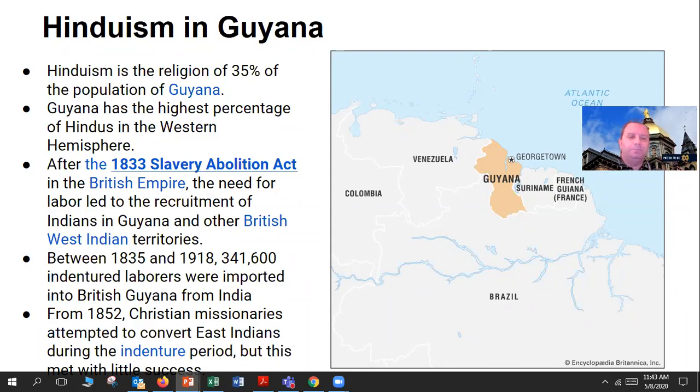Okay, and so what happens is in 1833, when the British abolished slavery, a good 30 years before we did, the British needed labor in their colonies. And so who did they begin to recruit? They began to recruit people from India, okay? They began to recruit a very cheap labor source of these Indians, and they began to encourage them to come to Guyana to work on these farms, to work on these plantations, okay?